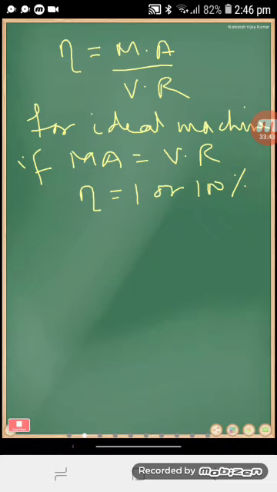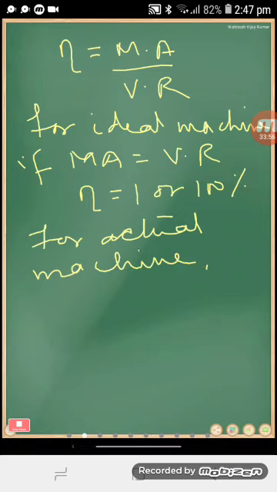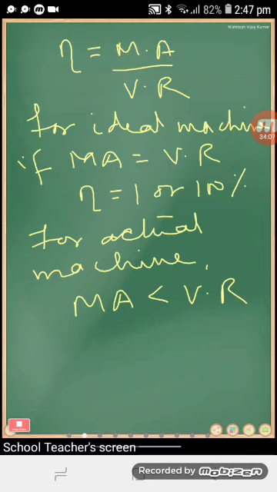Okay. Now, for an actual machine, your mechanical advantage is always going to be less than the velocity ratio. Mechanical advantage cannot be greater than the velocity ratio. Velocity ratio for a given machine is generally constant.